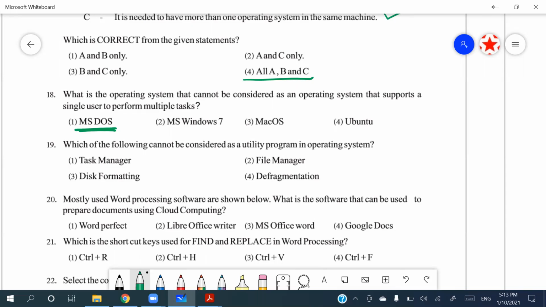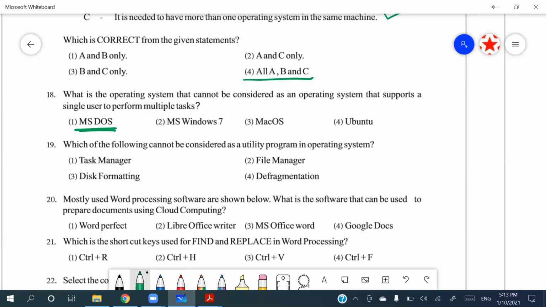For the 19th, which of the following cannot be considered as a utility program in an operating system? Utility programs are the programs which help the operating system as well as the user to carry out their day-to-day things in a computer, right? So task manager is a utility program.